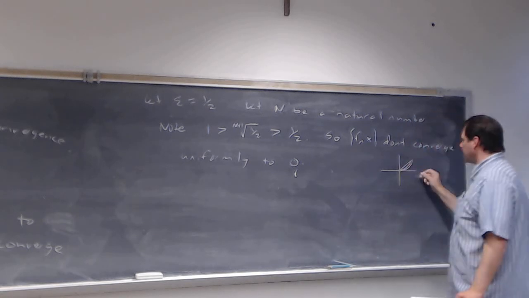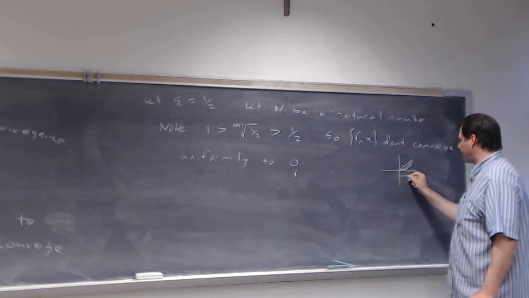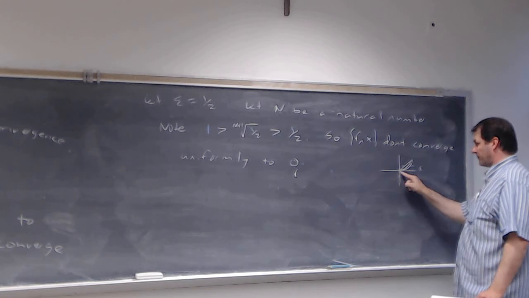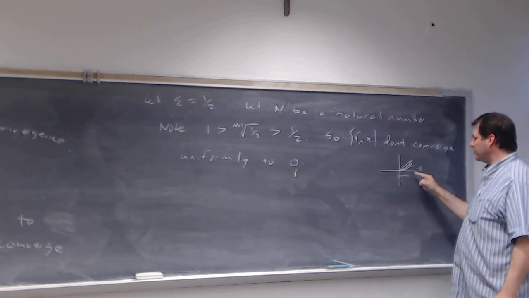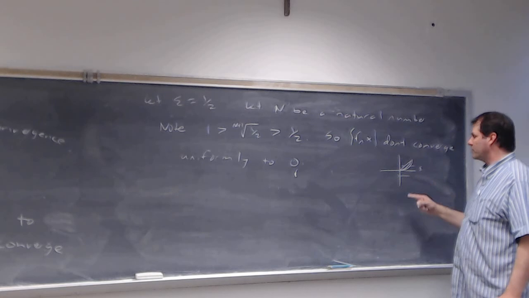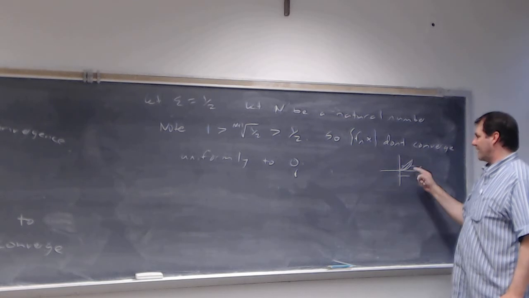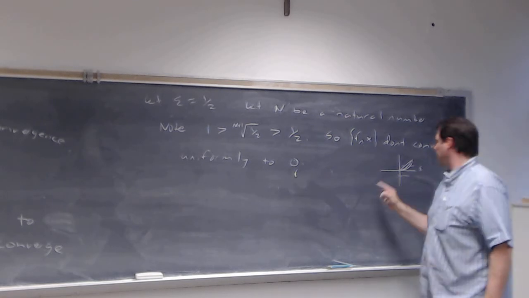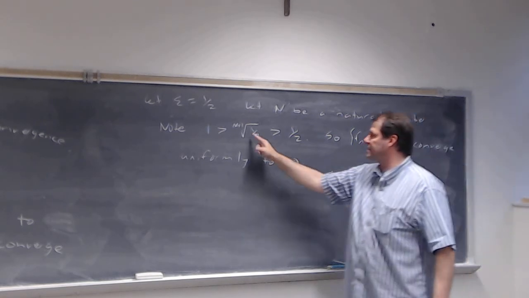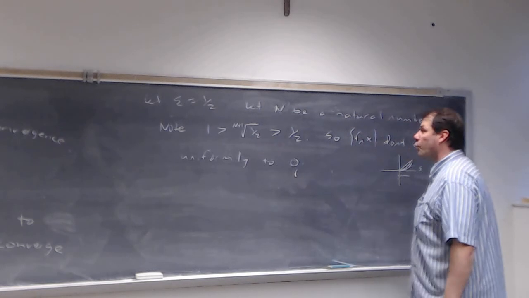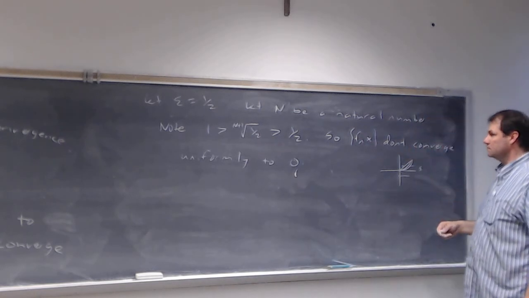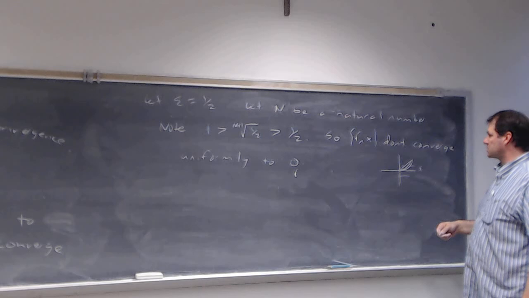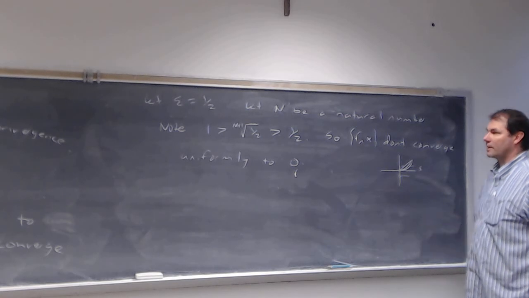What I'm saying is, if you let 1/2 be your epsilon about the function 0, then no matter what big N you give me, I can go further along in that sequence and find a point between 0 and 1, the n plus 1 root of 1/2, such that f of that is going to be bigger than 1/2.